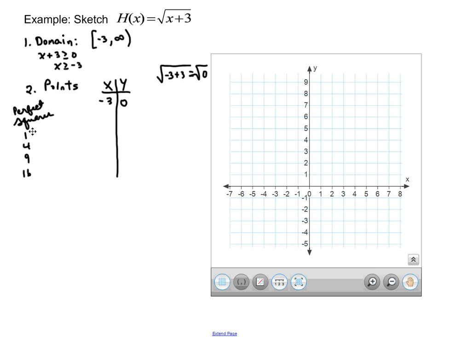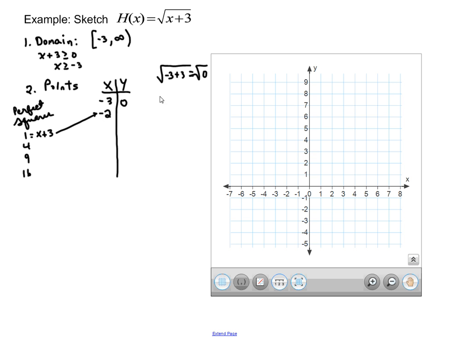Only this time, it's not as though if we put in 1 under the radical that we're going to get 1 plus 3. What we're going to do is take my argument and start setting it equal to those perfect squares. So in this case, what happens if I set 1 equal to x plus 3? What value works out there? Well, if I solve for x, I'm going to get negative 2.